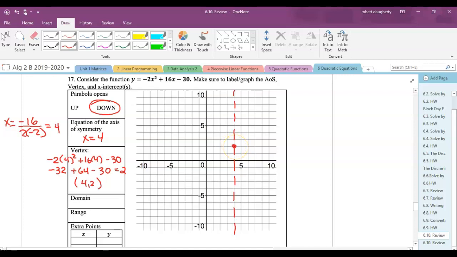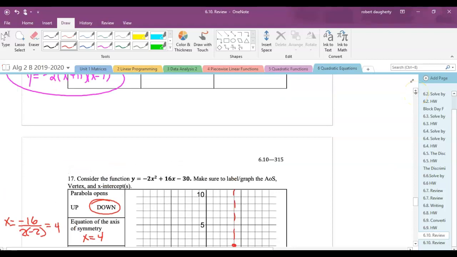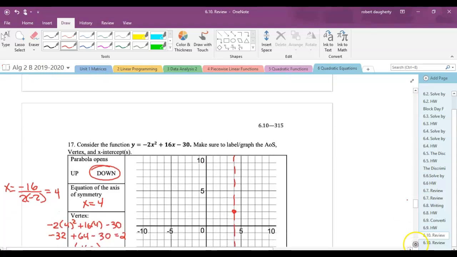And let's just figure out what else we need. They ask us to find the x-intercepts. Okay, so let's look at all the stuff. Remember, to find the x-intercepts, I'm going to need to set this guy equal to 0 and then solve that quadratic.